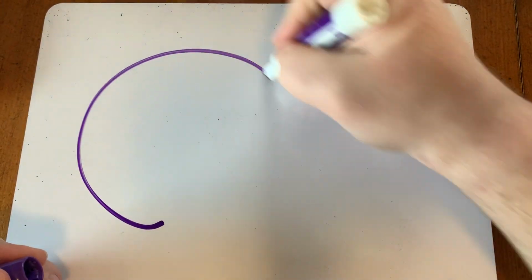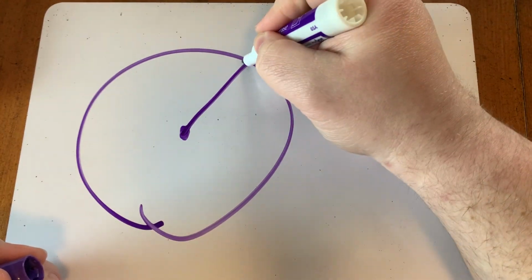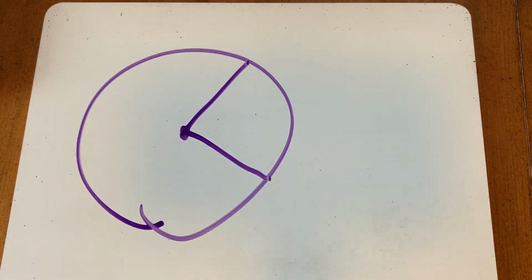There is one more section of a circle that we're going to talk about. So we have the sector, 2 radii, and the arc.